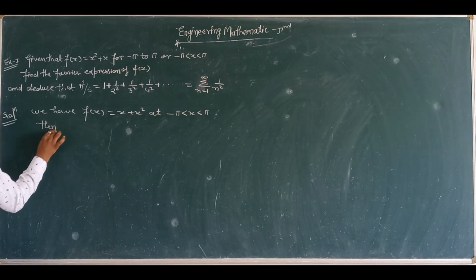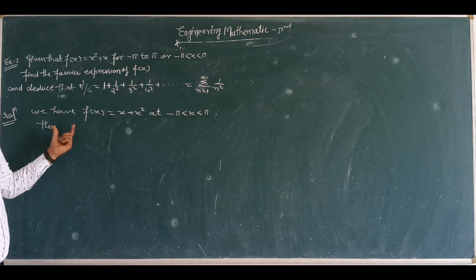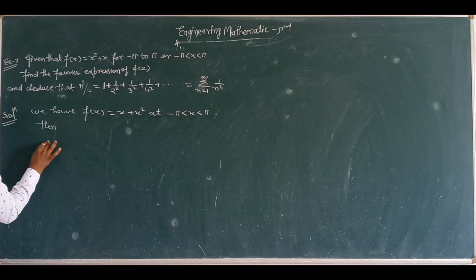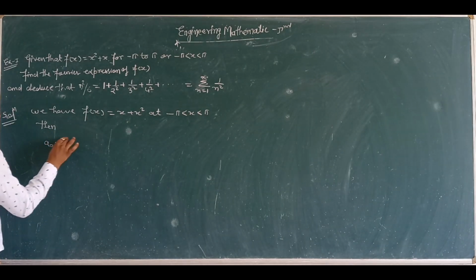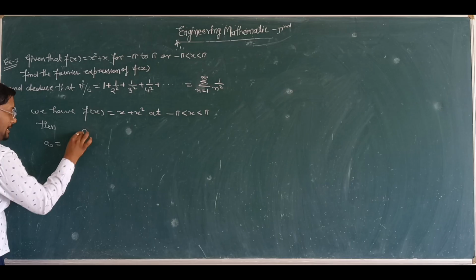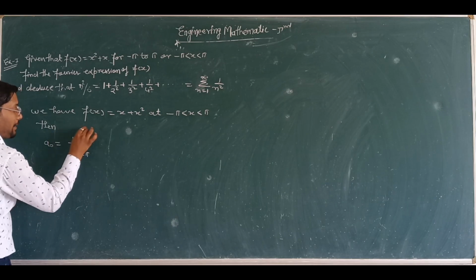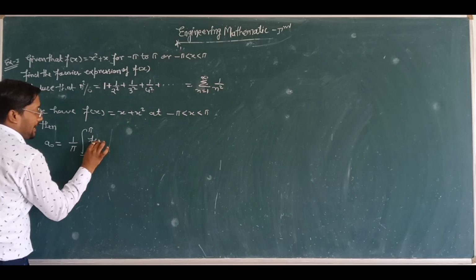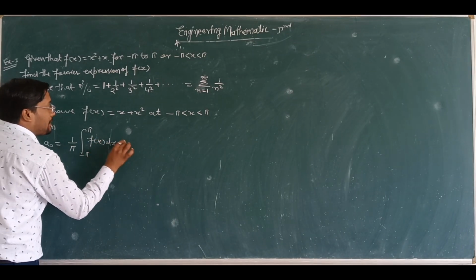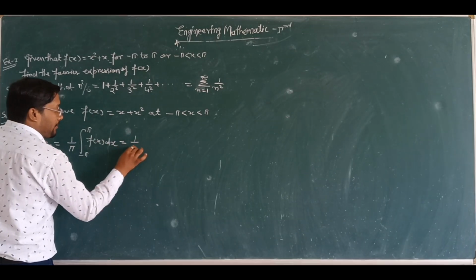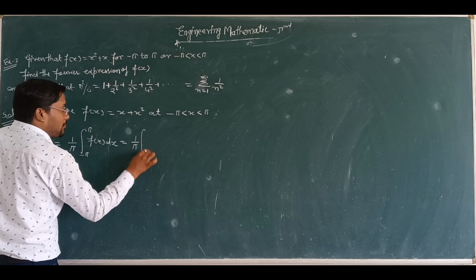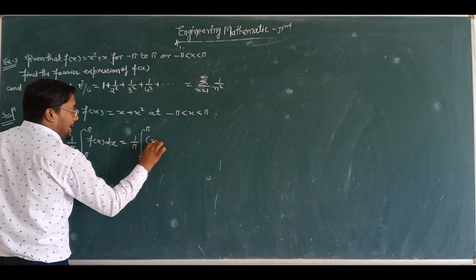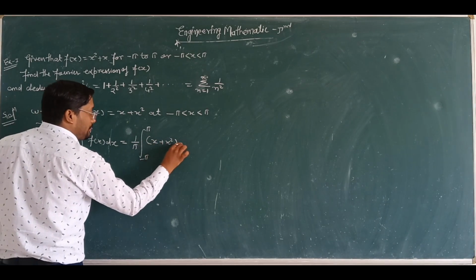Then find the value of a naught. a naught is equal to 1 upon pi integration minus pi to pi f(x) dx. Put the value of f(x): 1 upon pi integration minus pi to pi of (x plus x square) dx.